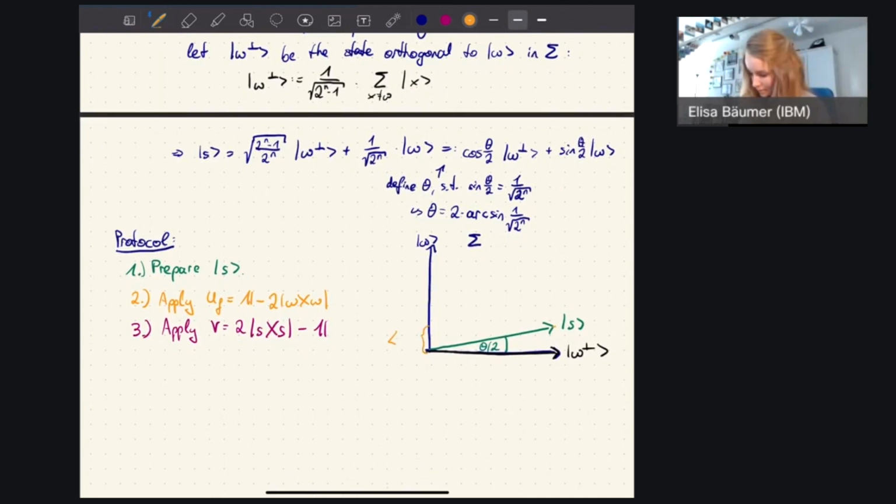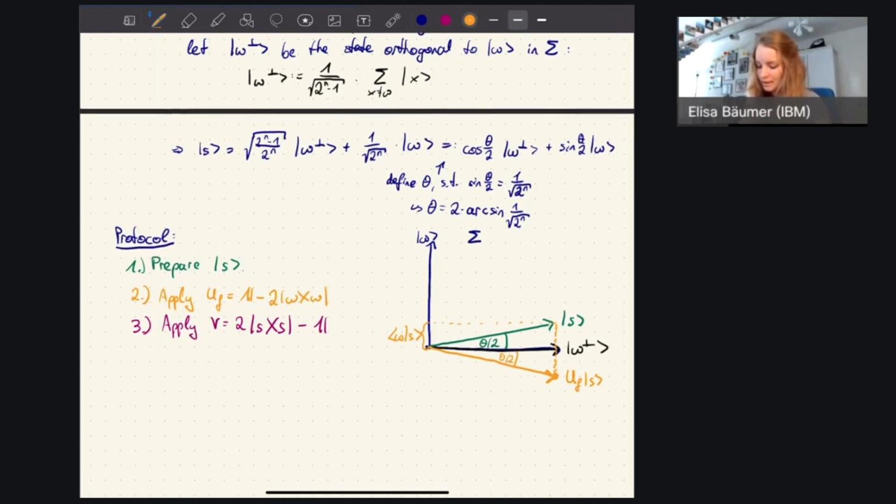This corresponds to the inner product of W and S. And we go 2 times this inner product into the minus W direction. Minus W direction would be down here. So we go twice this amount in the minus W direction, and we end up here. So here is U_F times S. This is where we end after the second step. So we again will have the angle of theta over 2 here.